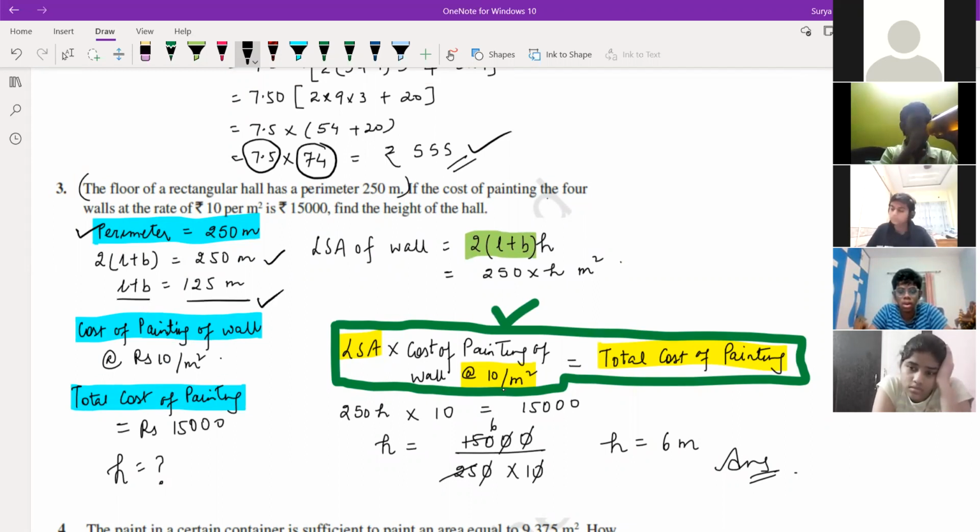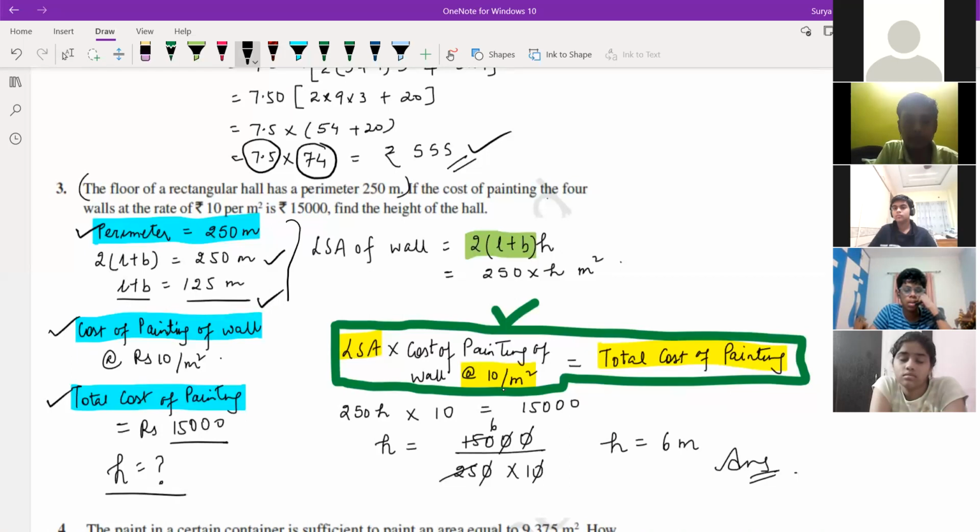Is the first line clear, Satvik? Yes, sir. Then we write the cost of painting, 10 rupees per meter square, and the cost of painting given is 15,000 rupees. We have to find the height. Is that correct? I have written the data first on the left-hand side.